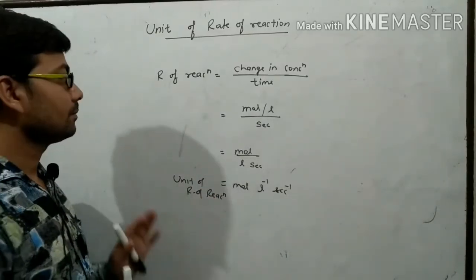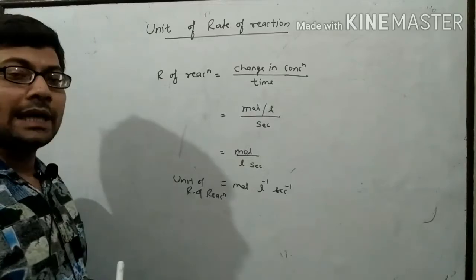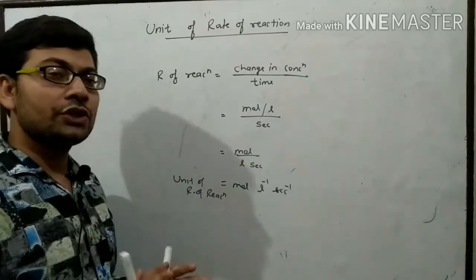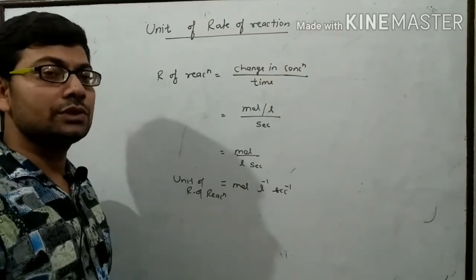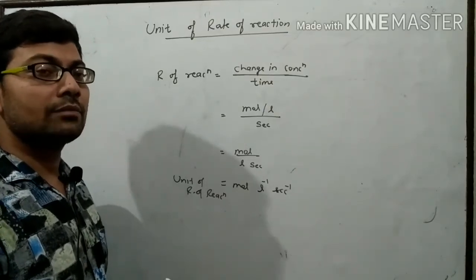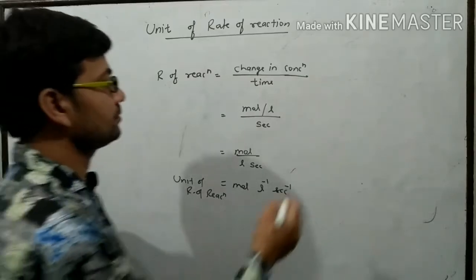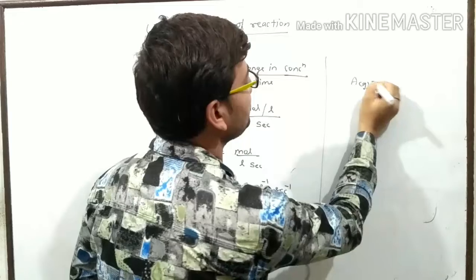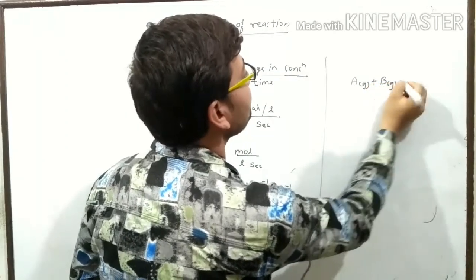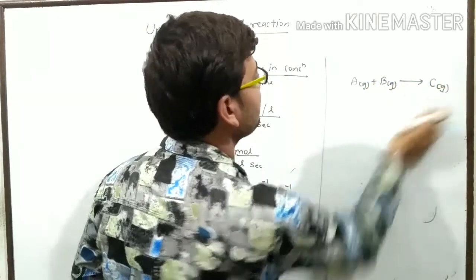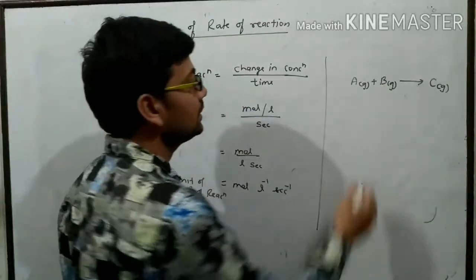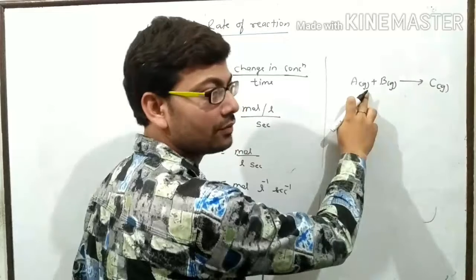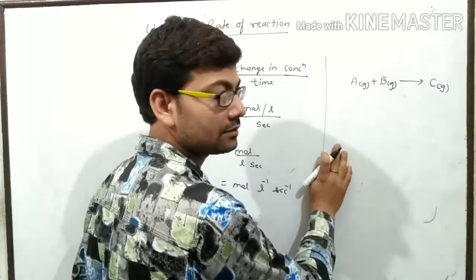If it is a gaseous reaction, the change in concentration is used in atmosphere. Like if A is a gaseous substance, B is a gaseous substance, then it forms C as a gas. Then this is the gaseous form of this reaction.